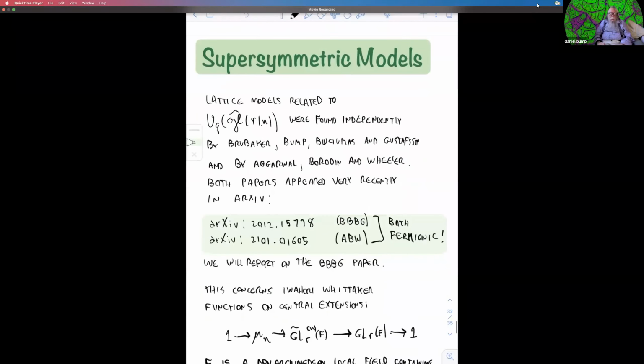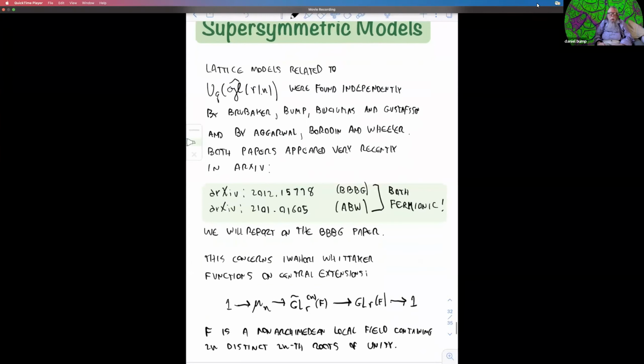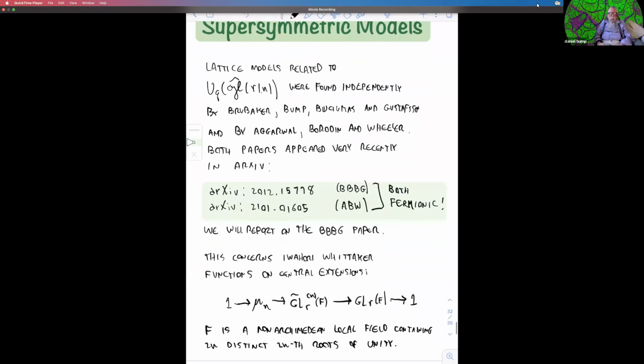Okay, now lattice models related to this more sophisticated quantum group, U_q of affine gl_R hat, appeared within the last 3 weeks. Two papers were posted on the arXiv within a few days of each other.